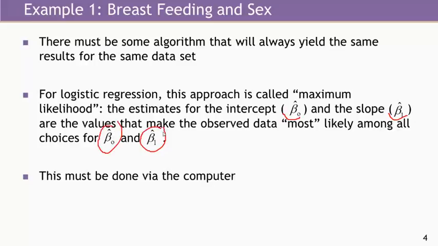So the computer iterates choices for beta naught hat and beta 1 hat, evaluates how likely our sample results are given those choices, and iterates until it can't make the likelihood any larger, and it finds the values that maximize it, and those are the presented values for beta naught hat and beta 1 hat. This has to be done by the computer and can be computationally intense under certain circumstances.